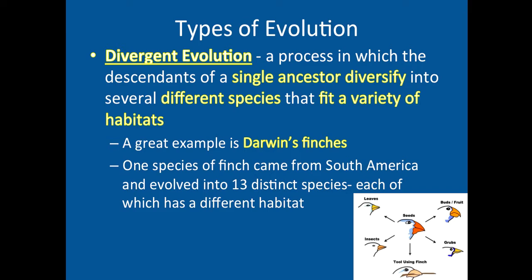The random mutations could cause the leaves bird's beak to be slightly pointed as opposed to the fruit beak, the very broad, big, strong beak over here to the right. That would be caused by random mutations.